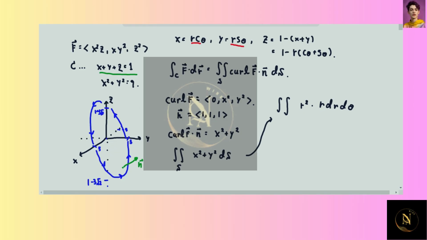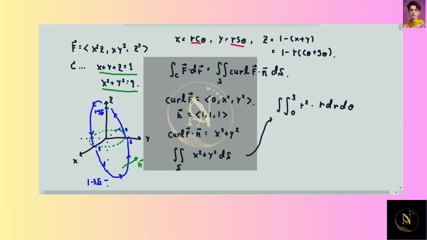The radius changes from 0 to 3, because as you can see, the projection of this surface onto the xy plane is simply the circle here. It's also given in this equation right there.